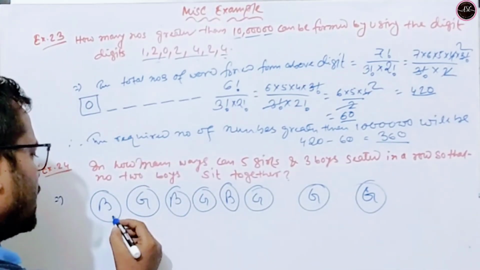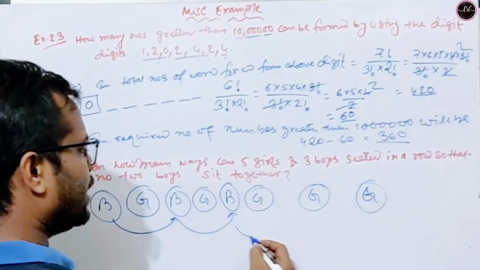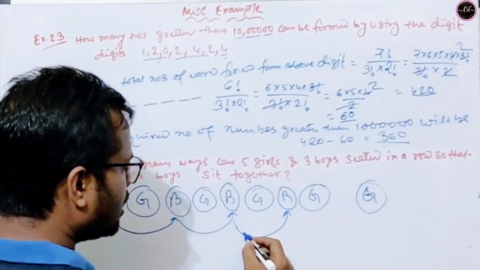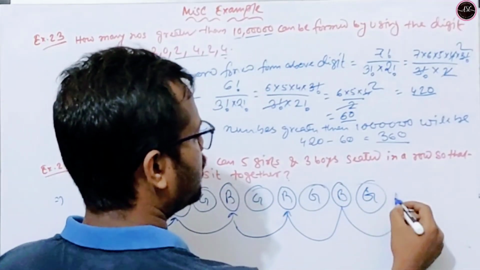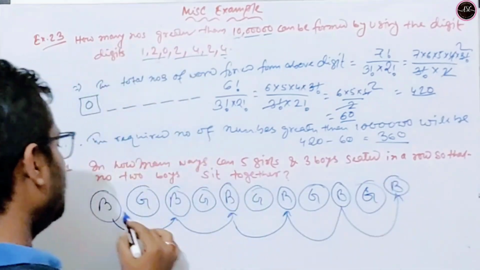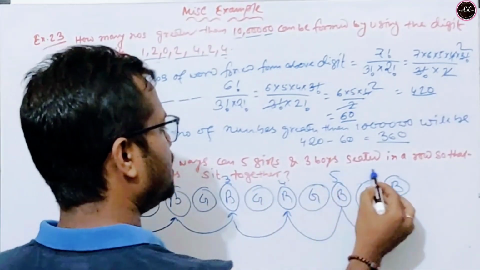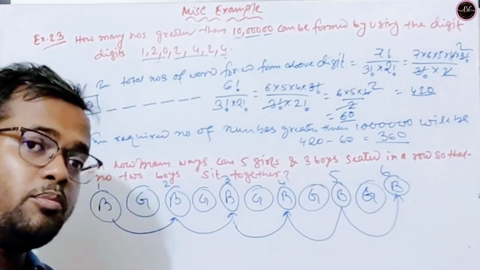And if we interchange this, here one boy, here 2 boys, and here will be the 3 boys. Again, if we interchange, this boy will be here, and this boy will be here. So this is first, this is second, this is third, this is fourth, this is fifth, this is sixth. So there are 6 positions where the boys can sit.